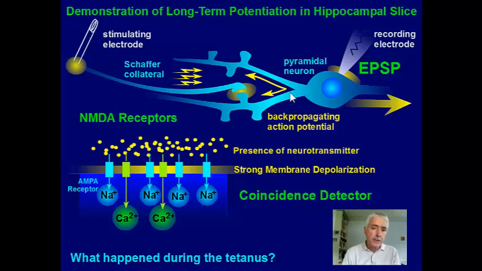Well, that is taken care of through this back-propagating action potential. With these two criteria met, the NMDA receptor opens and we have calcium flowing into the cell, because NMDA receptors are highly specific for the ion calcium. So, coincidence detection.